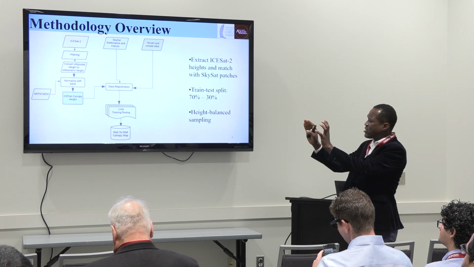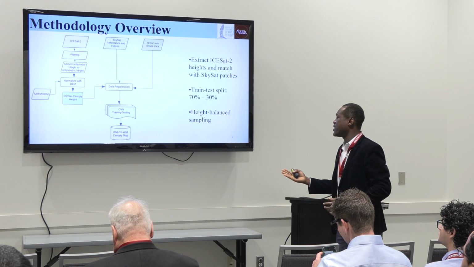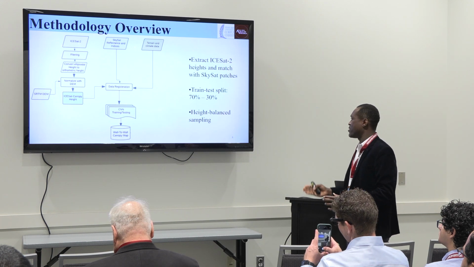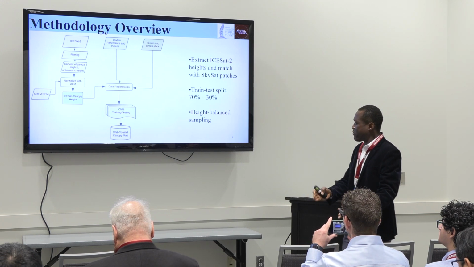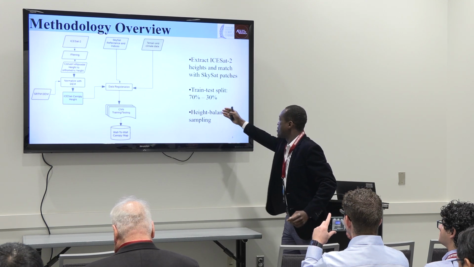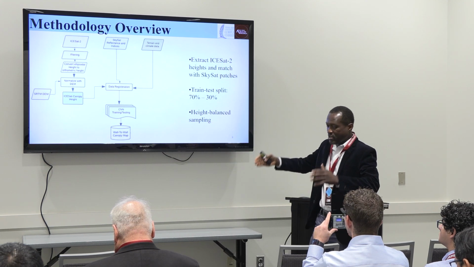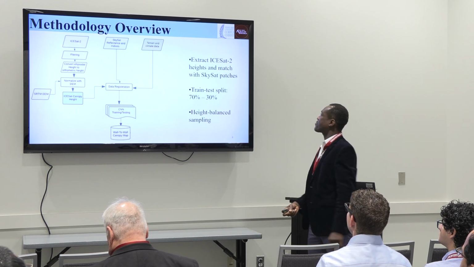So in a nutshell, this is the methodology that I used. And then in the modeling, I split the data into 70-30, 70 for the training. However, in some cases, as you will see, even with the 30, I did test and validation. So it was 70, 15, 15.